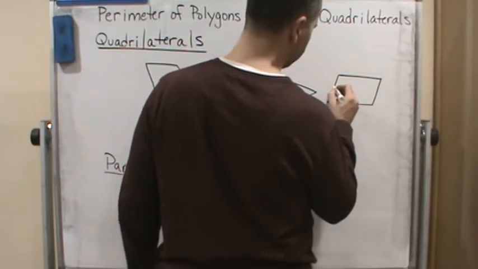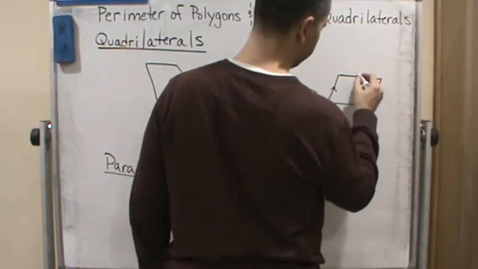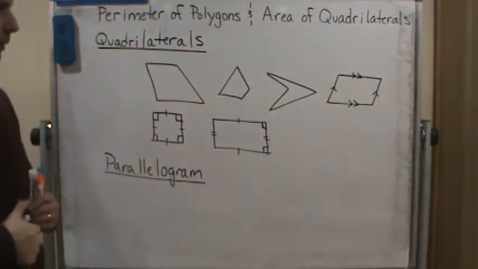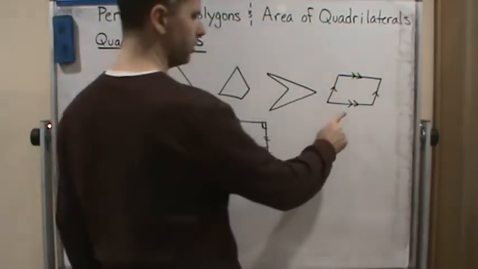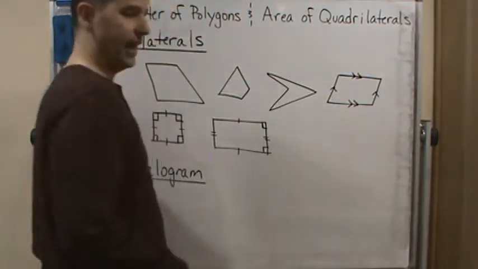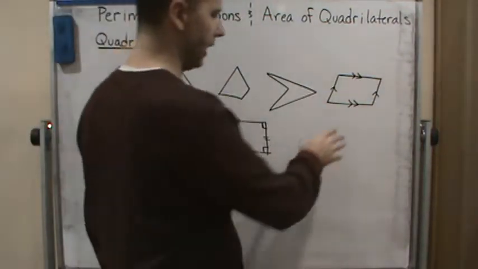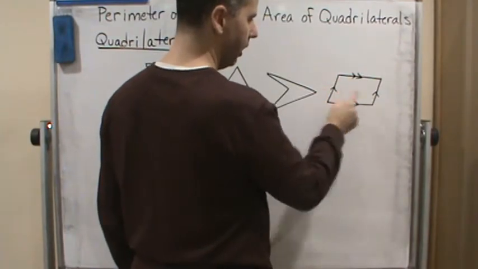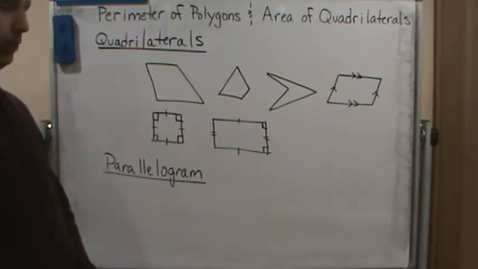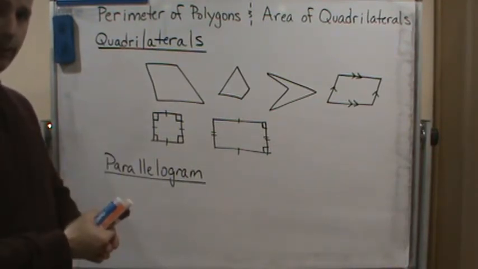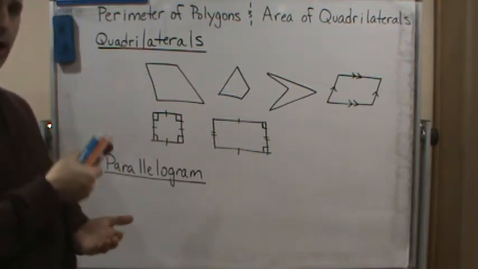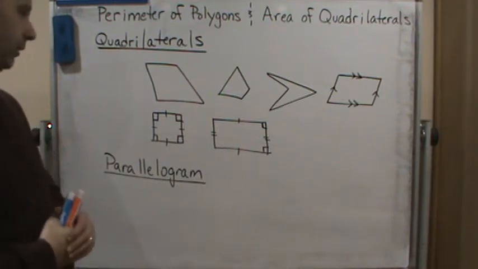For example, if we use these symbols, which I use to show parallel lines, I've got a quadrilateral where opposite sides are parallel. That is a parallelogram. That's the definition of a parallelogram.